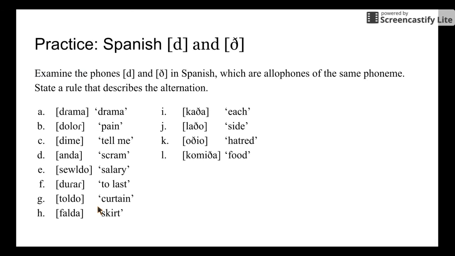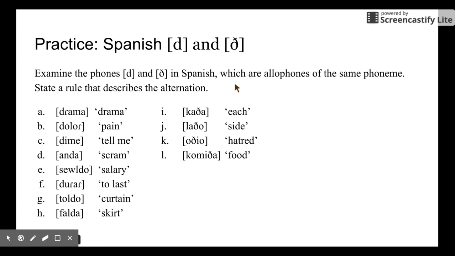Okay, let me give you another example. Now let's try to solve the puzzle of the alternation in Spanish, this sound and this sound. So examine the phones in Spanish, which are allophones of the same phoneme.